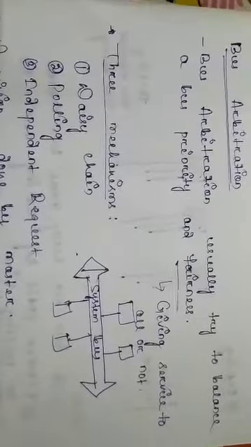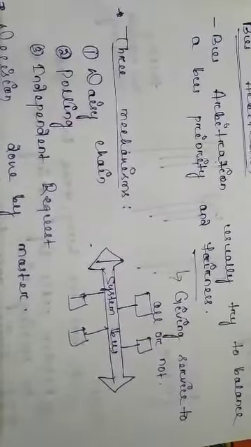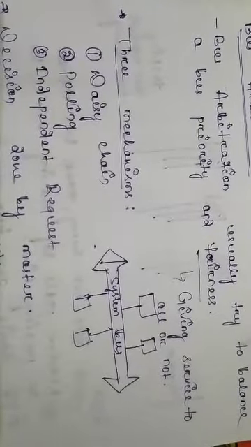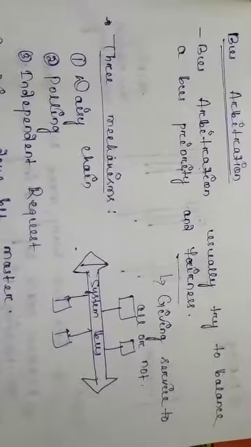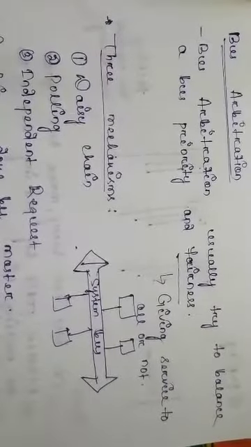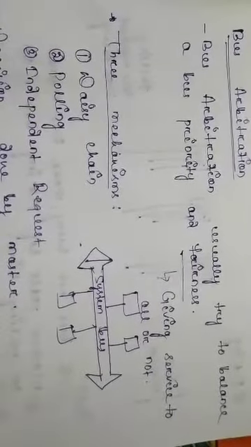So to overcome these types of conflicts we use a mechanism called bus arbitration. There is a bus master which decides who will take the bus first, or who will access the bus when.